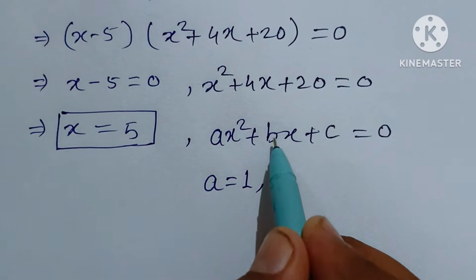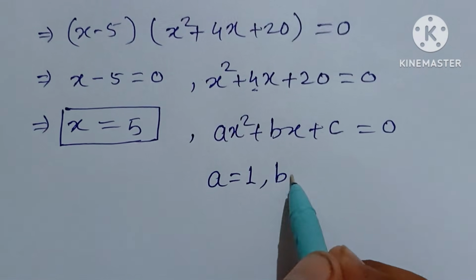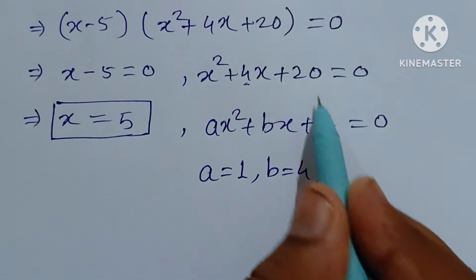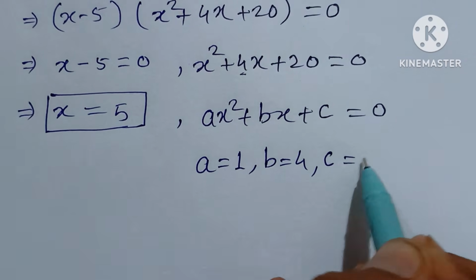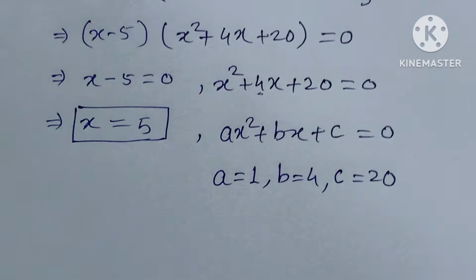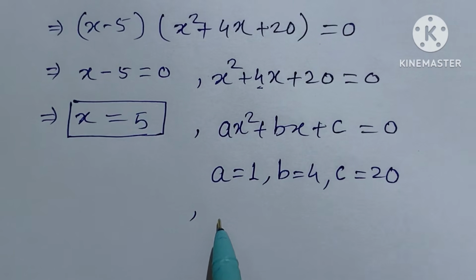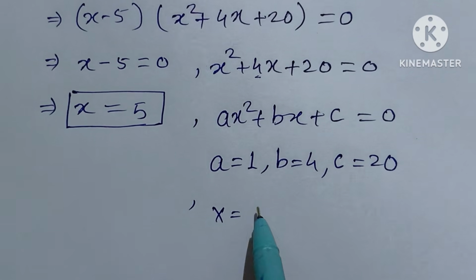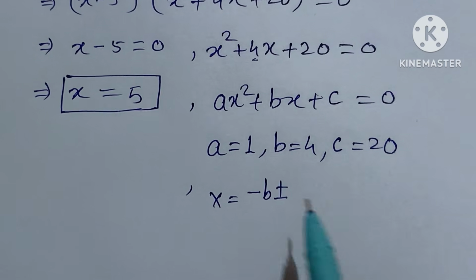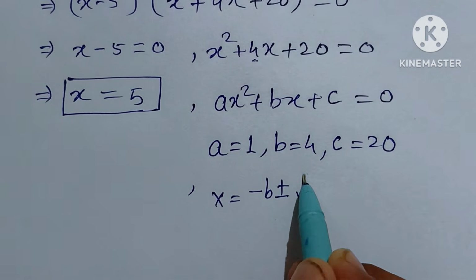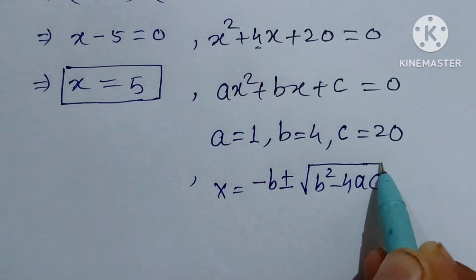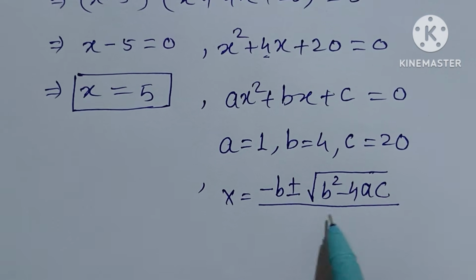The coefficient of x is 4, so b is 4. The constant value c is 20, c equal to 20. Now we will find the values: x equal to minus b plus minus under root b square minus 4ac, divided by 2a.